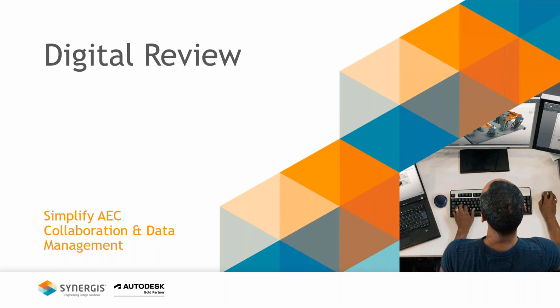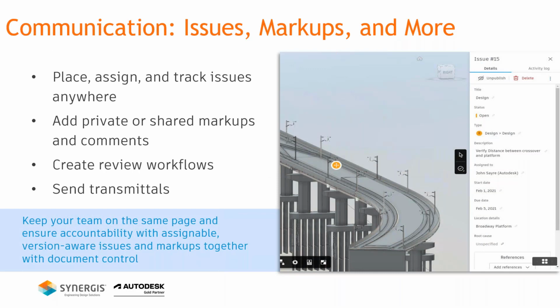So let's take a look at digital review real quick. In digital review, we can create markups, we can create issues. And because it's all in this cloud platform, I can see who looked at what, who created what issue, who made what markup. The markups can be private or shared, we'll see that.